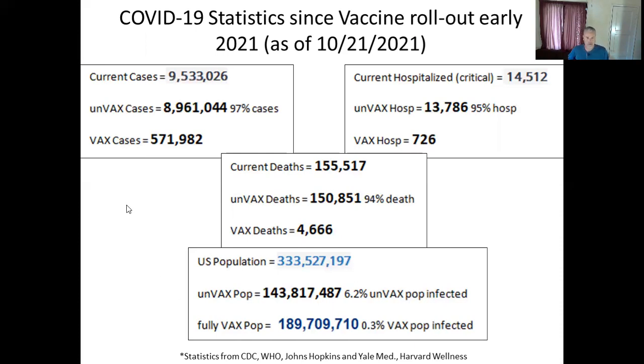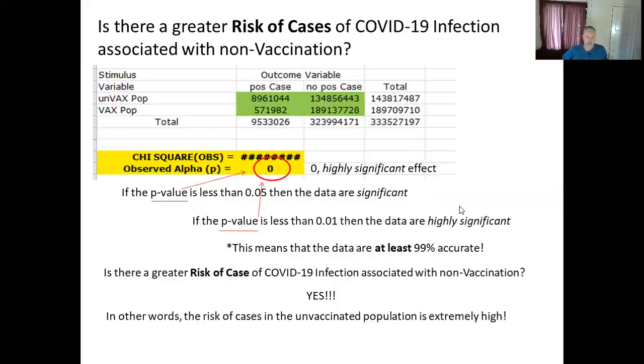Let's look at our chi-square here. We're going to look at the 3 questions about cases, the 3 questions about hospitalization, and the 3 questions about death. What can the chi-square tell us? First question here, is there a greater risk of case of infection associated with being unvaccinated?